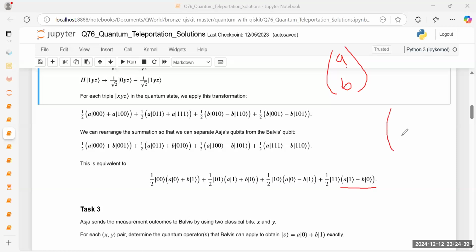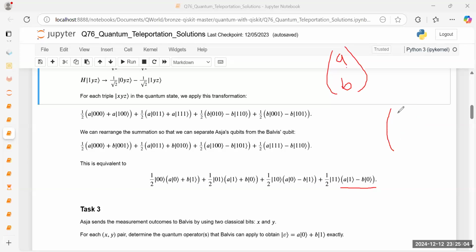That would mean the state with Balvis is in this form. And she has to send the information 0, 1 to tell Balvis to correct the qubits he has. So we should apply an X gate to the qubits he has to get what she initially intended on sending.